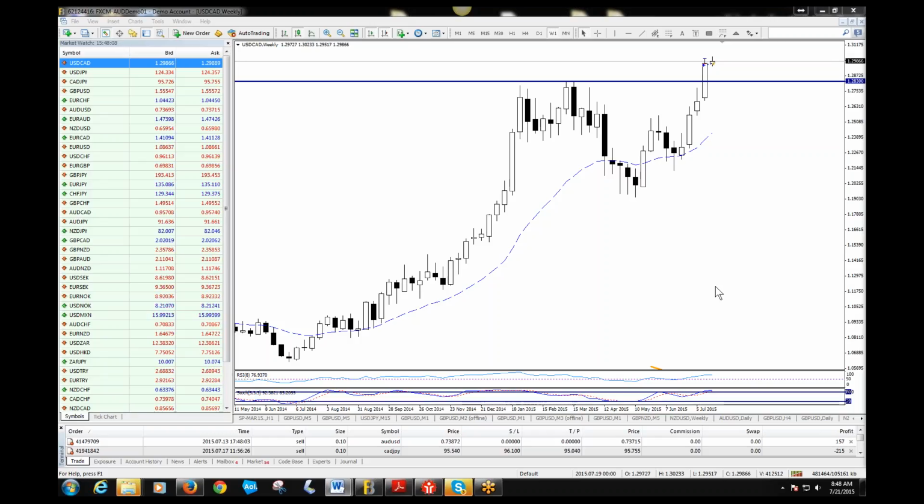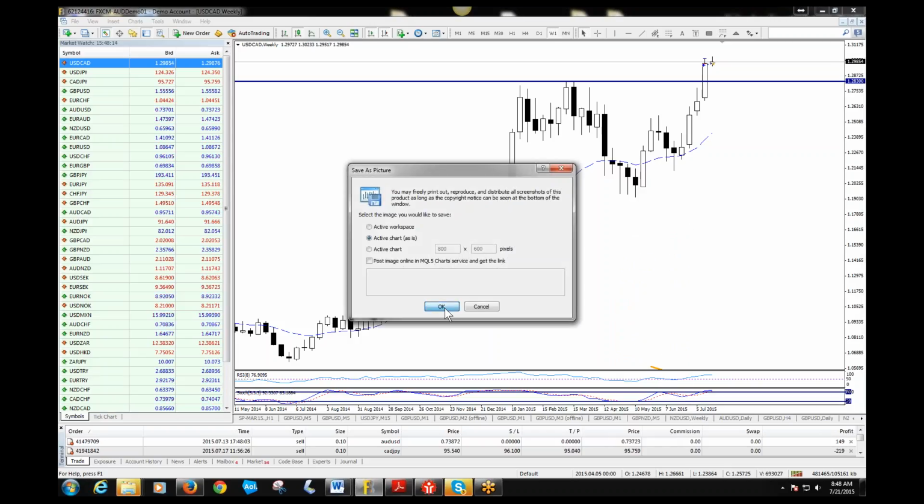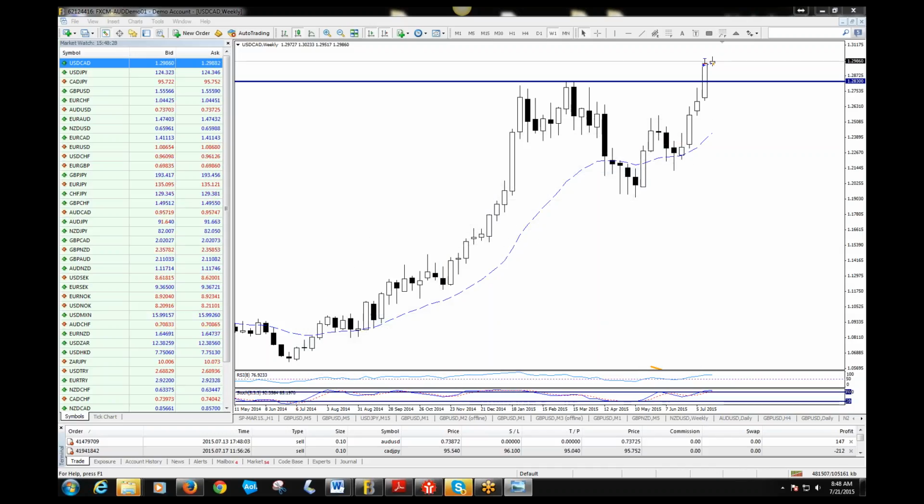In fact, I should take a picture of this and save it. Weekly. Okay, so I'm going to save that weekly cup and handle, and I made a note in the chart that we're waiting for retest.